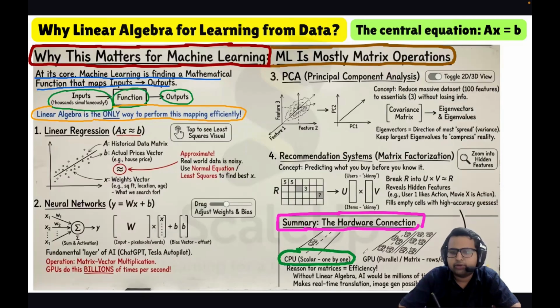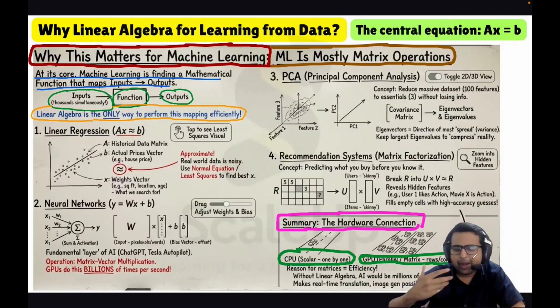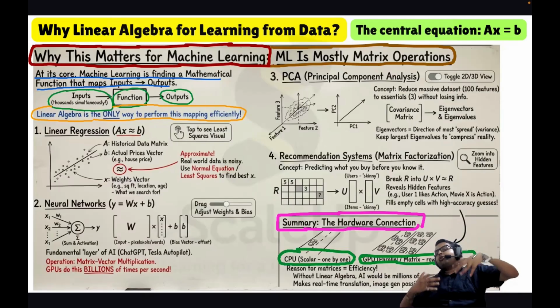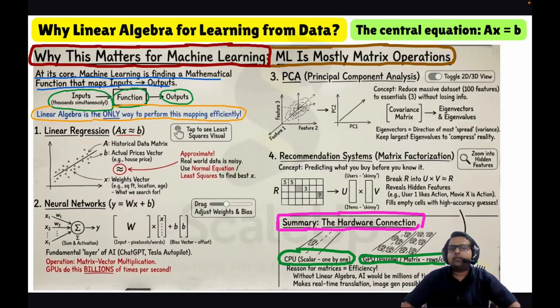But GPUs, graphical processing units, are designed to process entire rows and columns at once. So we can perform simultaneous, parallel matrix operations. We can perform billions of operations simultaneously. And there matrices come into the picture.